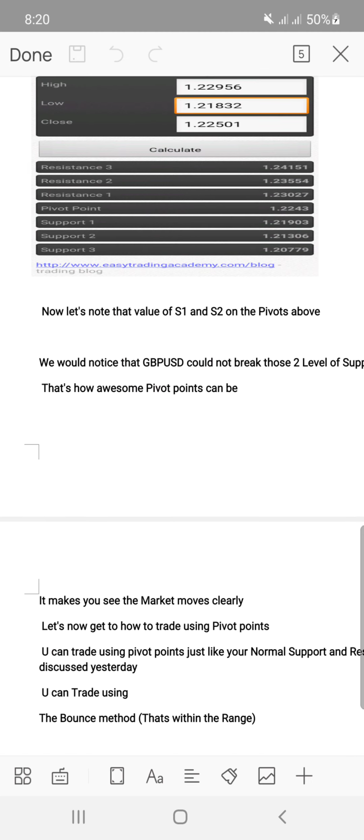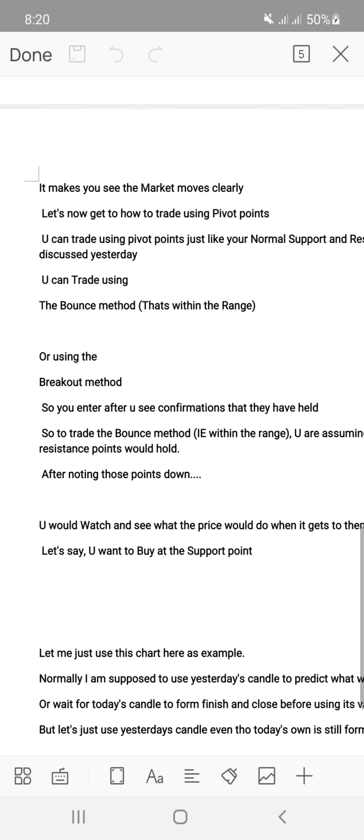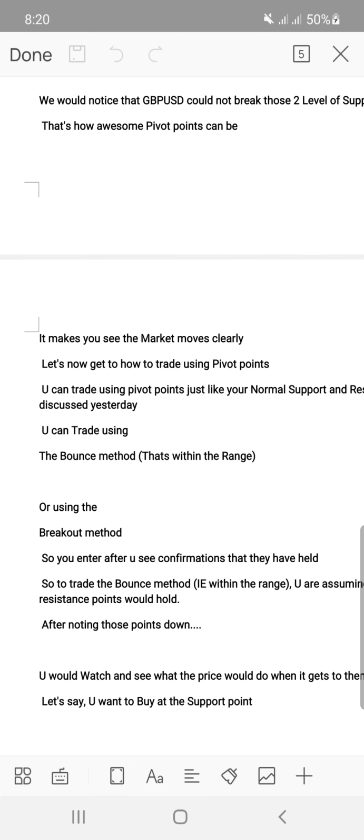You need to mark them out so that in case the market moves to those points and either touches them or forms a candlestick pattern around those regions, you execute your trade.